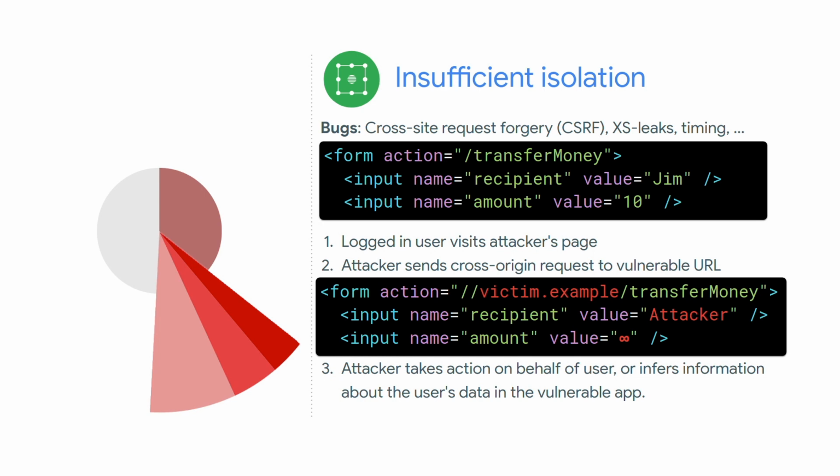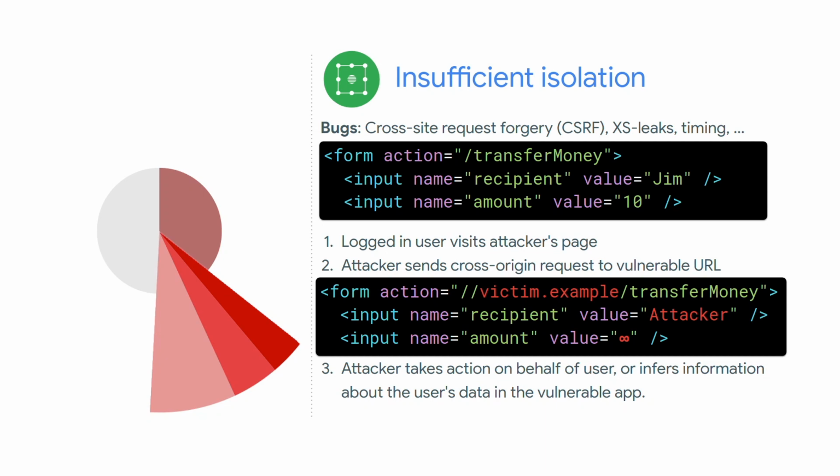And this is perfectly fine, right? If an application has this form, I submit it, the transfer happens, and everything works. The problem is that an attacker can create an exactly equivalent form that points to our application server with data that the attacker controls, right? So the attacker can modify the recipient of the money to their own account.